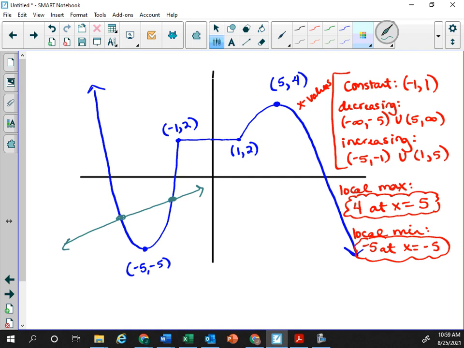Thoughts? No idea? It's a secant line. We'll talk about slope of a secant line as the year progresses, so I want to make sure you actually know what a secant line is.